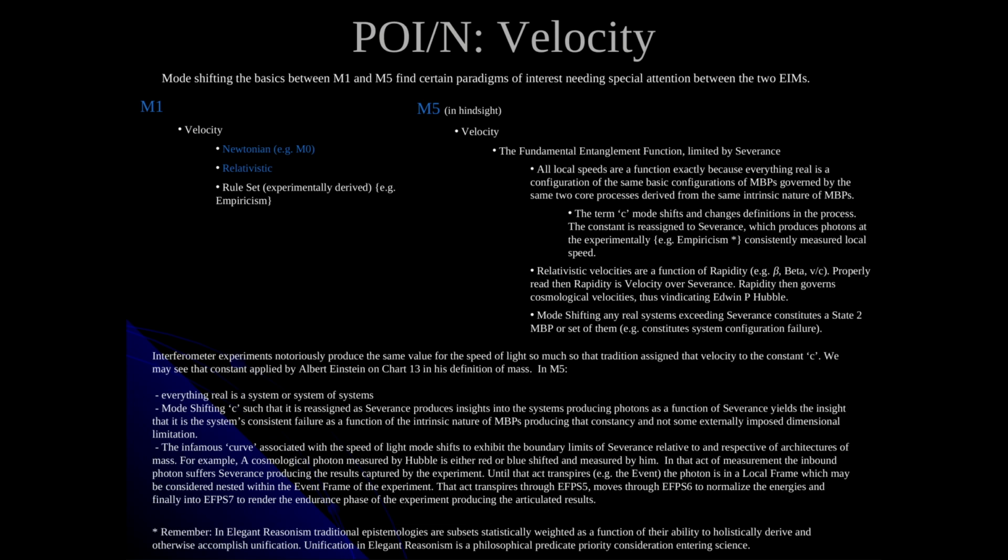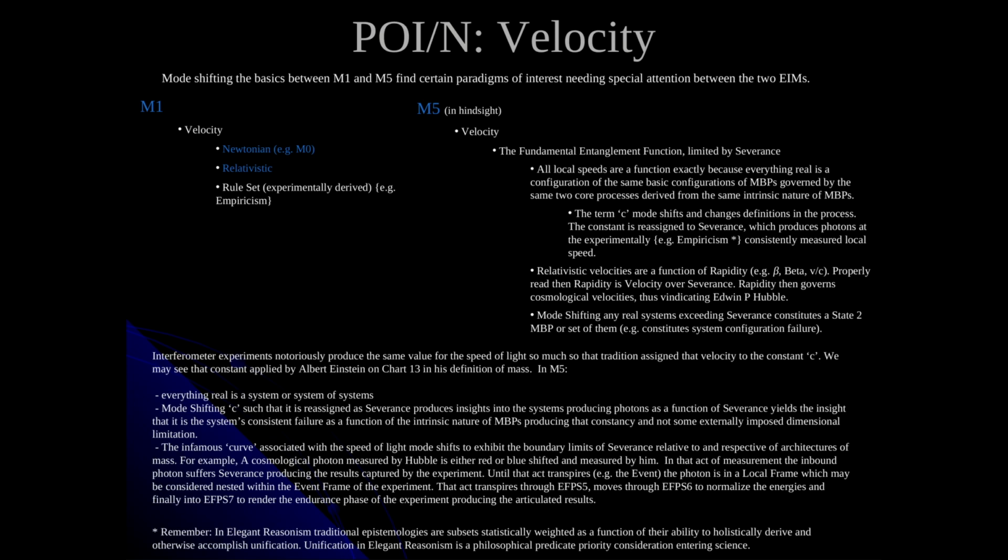We suddenly find out that in the architectures of mass, photons traveling through a gravitational field are affected as a function of the frequency arm of the architecture that is the photon. We mode shift concepts like rapidity so that V over C becomes velocity over severance, not velocity over the speed of light. And we find that the curve that we typically associate with the speed of light, to say nothing can exceed the speed of light, becomes: well, nothing can exceed severance.